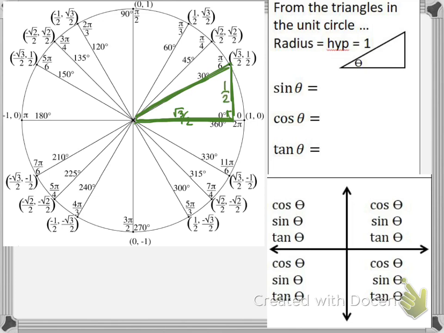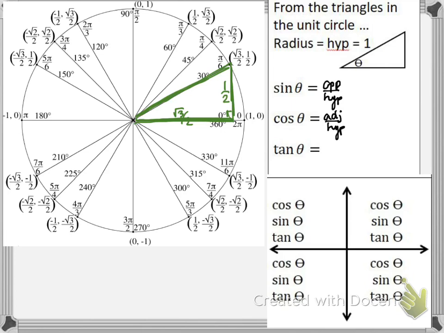But let's think about opposite and adjacent instead. Sine is always going to be the opposite leg over the hypotenuse. Cosine is going to be the adjacent leg over the hypotenuse.